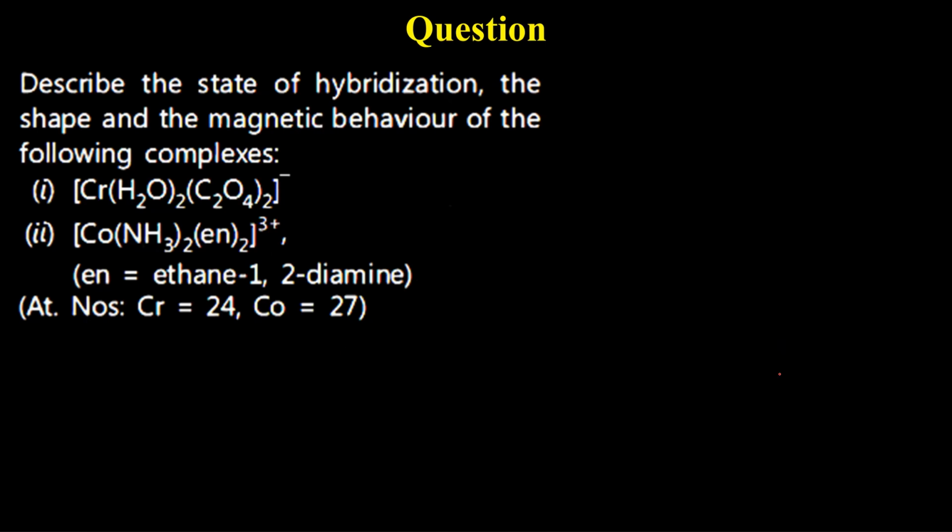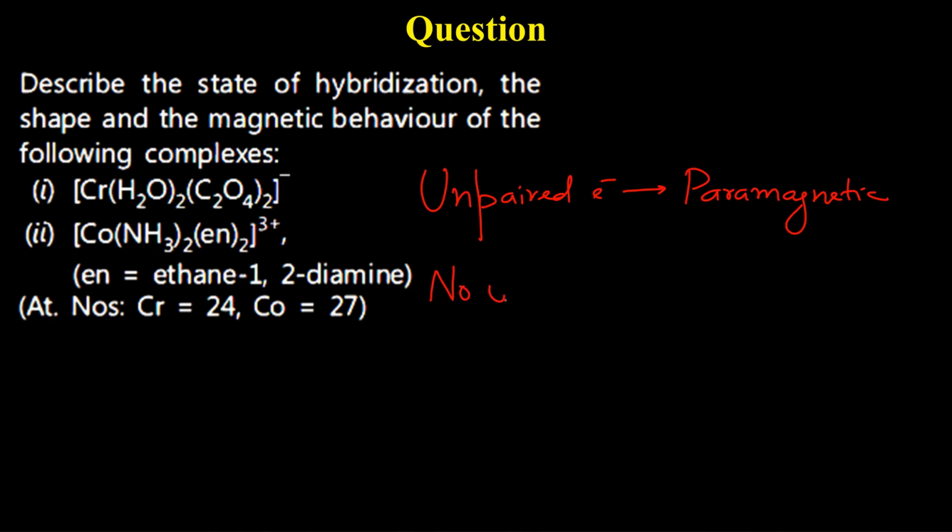If there are no unpaired electrons, it is diamagnetic. So if there is even one unpaired electron, it is paramagnetic. If there are no unpaired, or all paired electrons, it is diamagnetic.